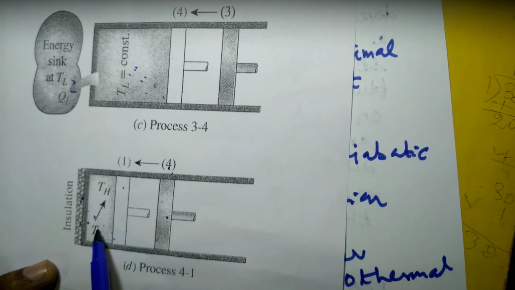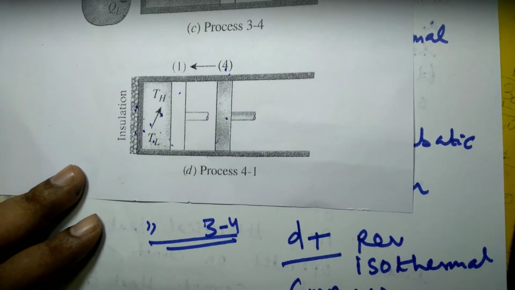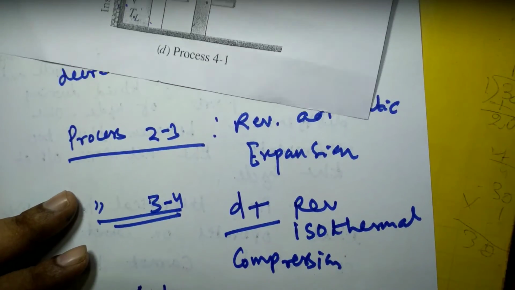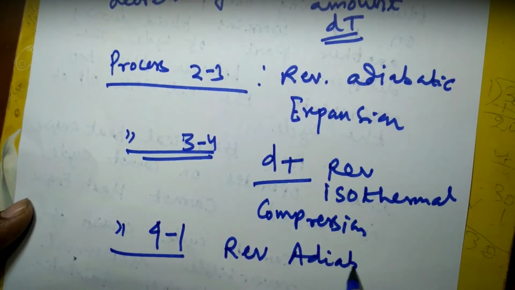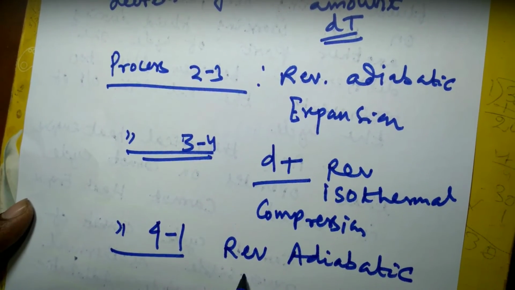When we compress further from state 4 to state 1 to complete the cycle, obviously compression will take place, and the temperature will increase from TL to TH to return to the initial state. So process 4-1 will be reversible adiabatic compression.